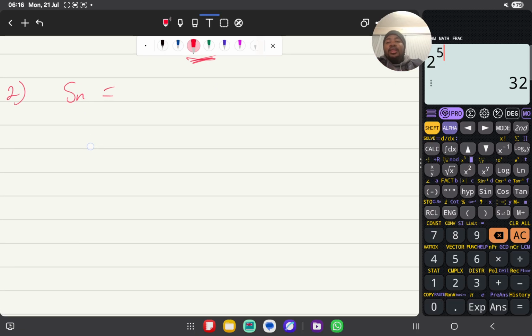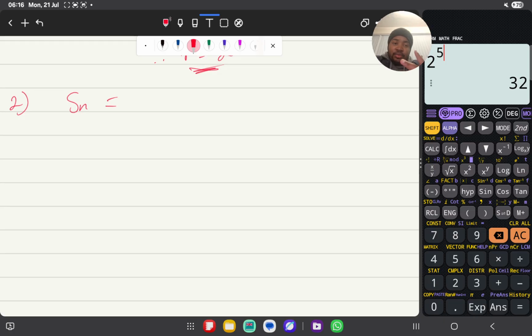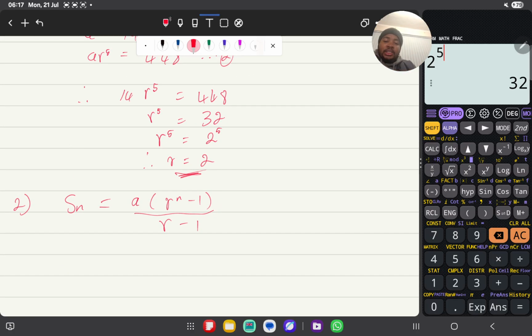So that leaves us with 2 formulas: one we use when r is smaller than 1, and one we use if r is greater than 1. Just make sure you know them. The formula we're going to use here is the one we use if r is greater than 1.